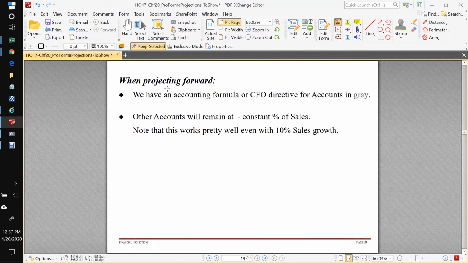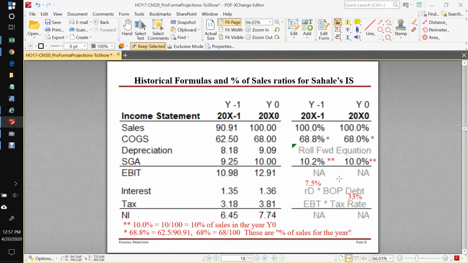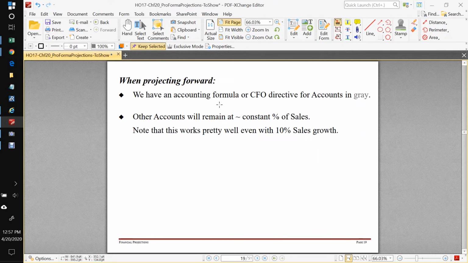When projecting forward, for the things back here that are in gray, we have an equation to help us project forward. And everything else we're going to say is going to remain at a constant percent of sales.